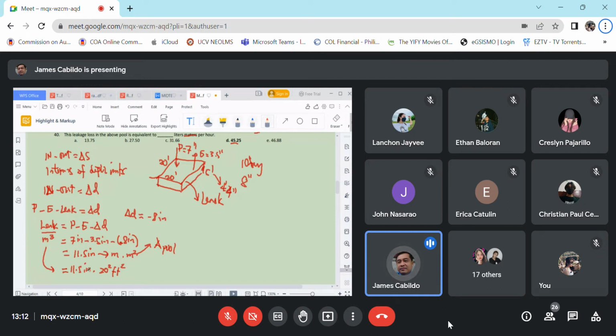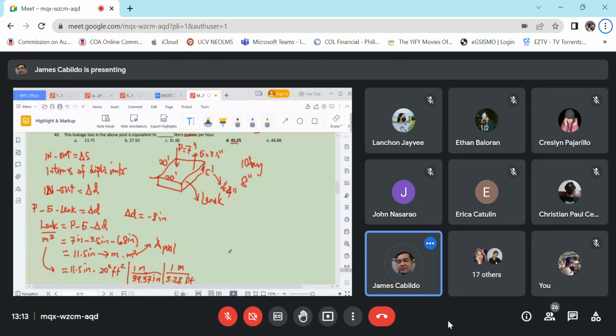I-convert natin na meters yan. Convert din natin na meters ito. So, yung una, yung inches. In 1 meter, there are 39.37 inches. Para makancel natin yung inches doon. And then yung feet. Okay? In 1 meter, there are 3.28 feet.